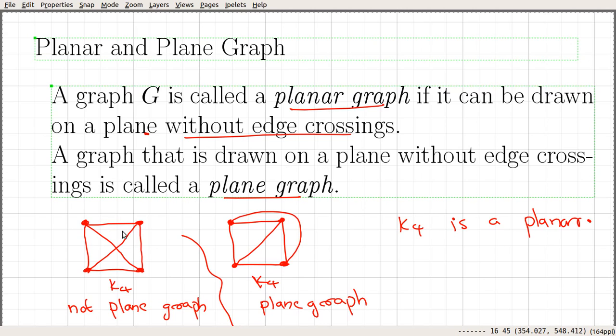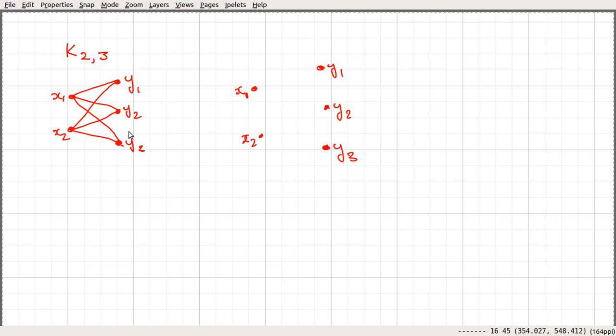So even though K4 is a planar graph, this particular drawing is not a plane graph, whereas this particular drawing is a plane graph of K4. I think the definition is clear now. Let's look at some other terms related to planar and plane graphs, but before that, let's look at one or two examples.